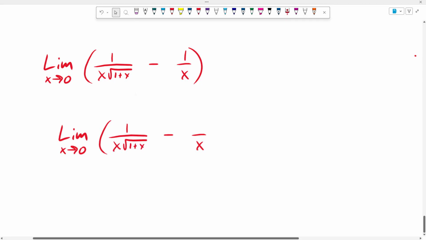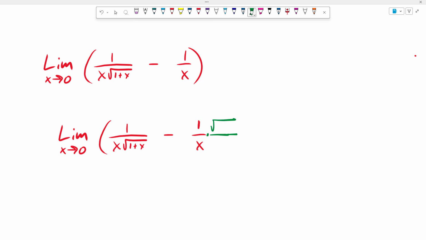So we just need to multiply this guy by something. What do we multiply this guy by? 1 plus root 1 plus x over 1 plus root 1 plus x. Now they have a common denominator.